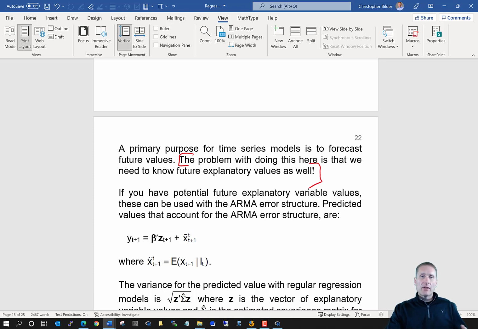We need to know what the future particulate matter value should be at one time point in the future, 2 time points in the future. You need to know all that in order to forecast future values for cardiovascular mortality, because you've set up your regression model to be dependent upon this extra information. So the question is, what do you use for these other unknown values? And there's not necessarily a good solution for that within this kind of regression setting.